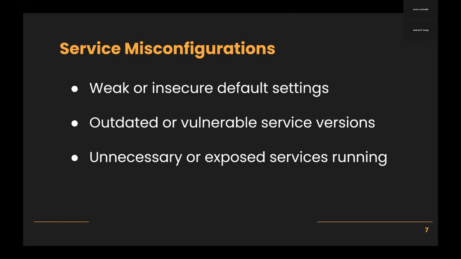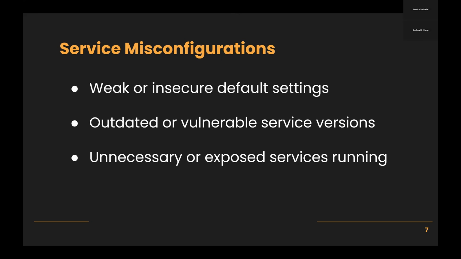So for service misconfigurations, a really common one is weak or insecure default settings in the configuration file of a specific service. A really common one is SSH. SSH is a really important service, and an insecure default setting can allow someone to connect using their password.